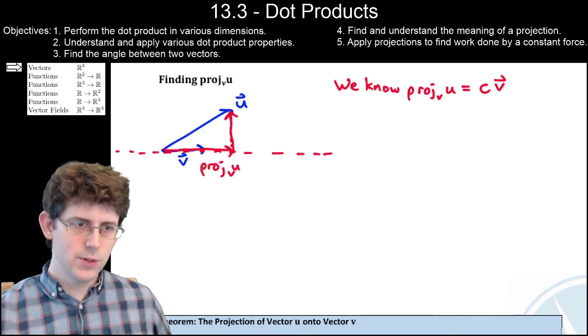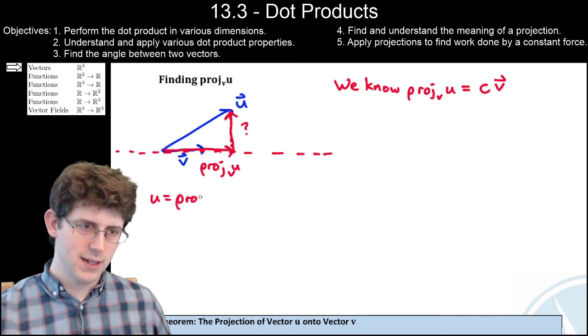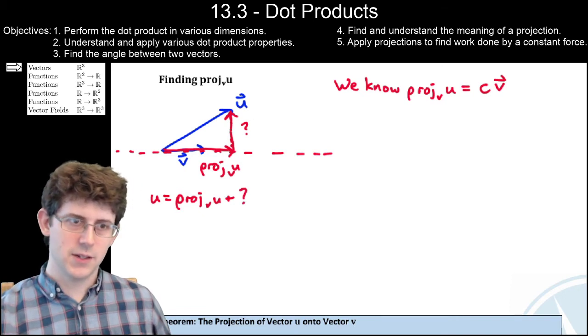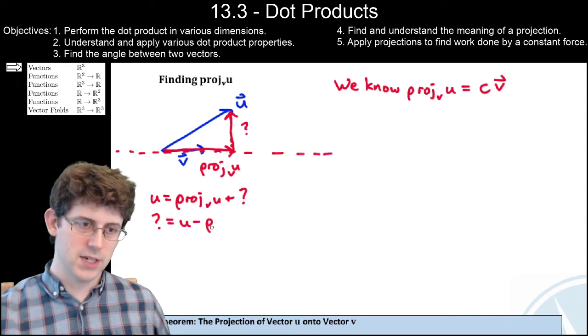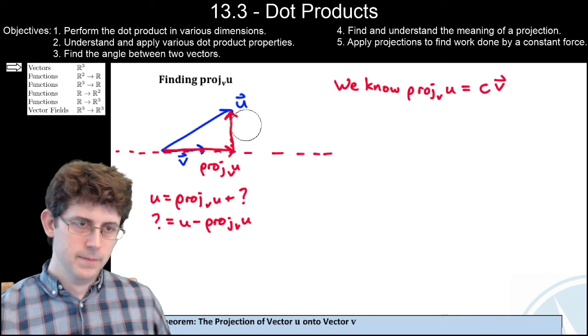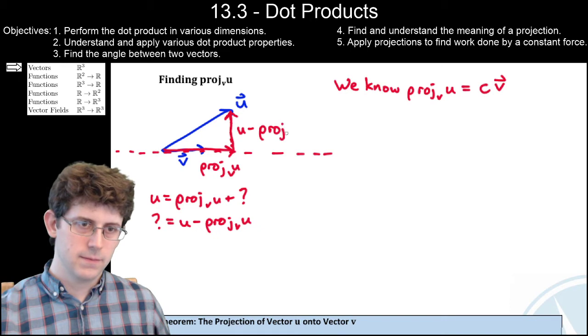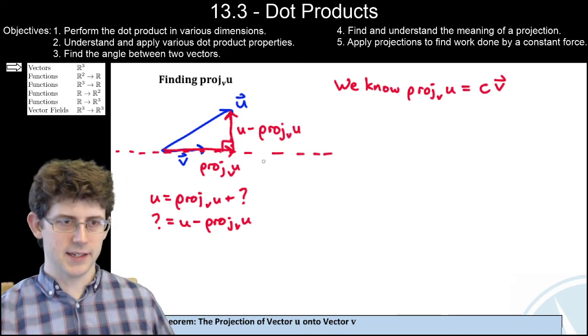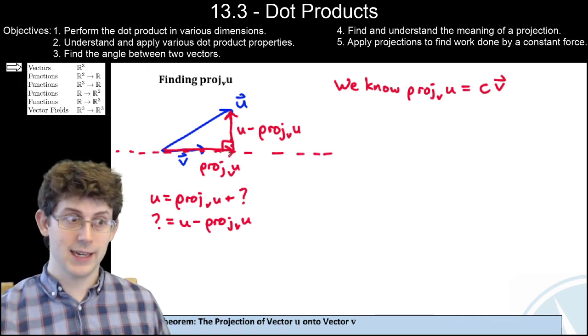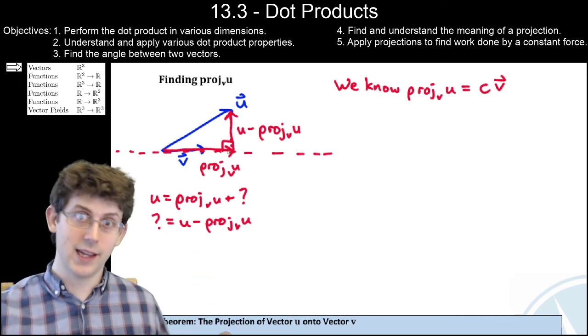Yeah, u is the projection plus this question mark, whatever this is. So this question mark must be u minus the projection. What we've got here is a nice right triangle, so hopefully that will allow us to make everything work out nicely.